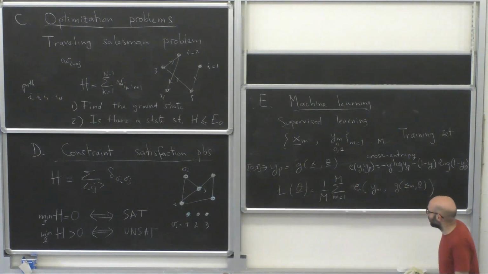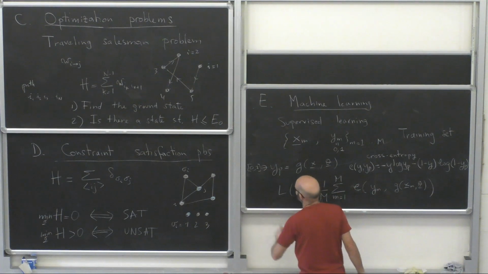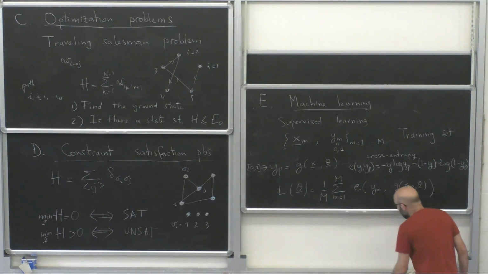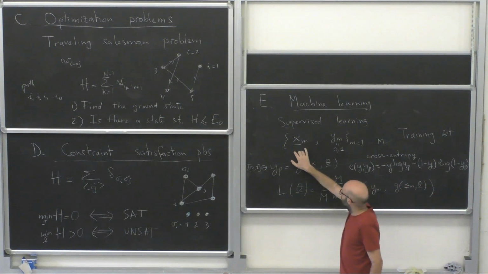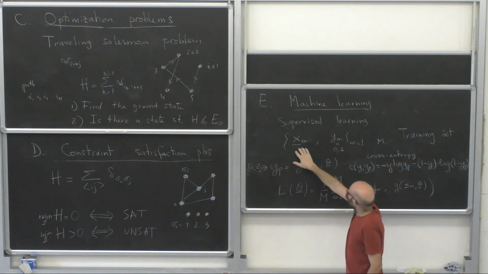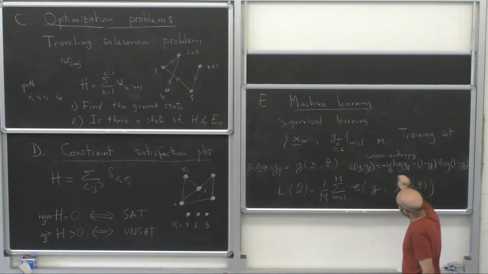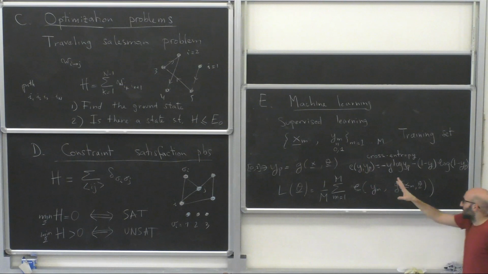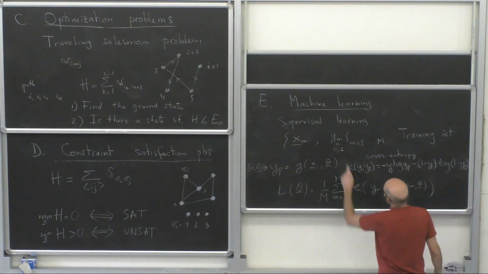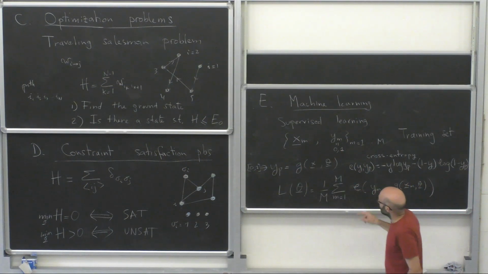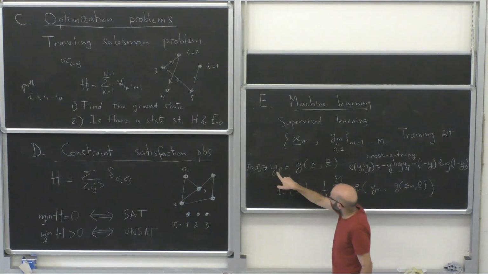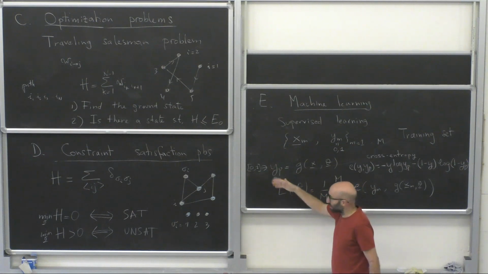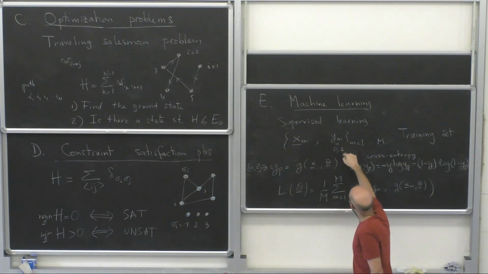You can formulate this in many different ways, but this is one way. I give you inputs, images for example. For each input, I give you a label. So 0 is cat, 1 is dog. Then you have this function g, which to a given input associates a real number in 0, 1 that we interpret as the probability of the image being a dog, so label being 1.